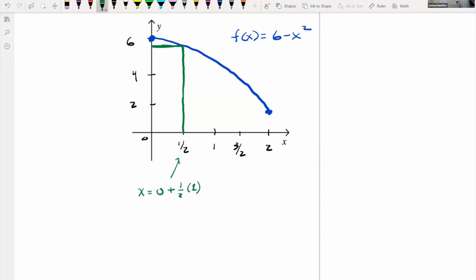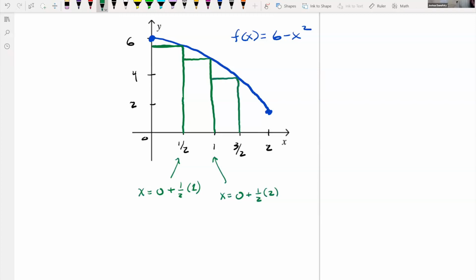The next right endpoint is going to be here at 1. And how did we get that x value? We started at 0, and we added 1/2, which is delta x, times 2. If we add 2 times a half, we get to 1. The next right endpoint is going to be right here.